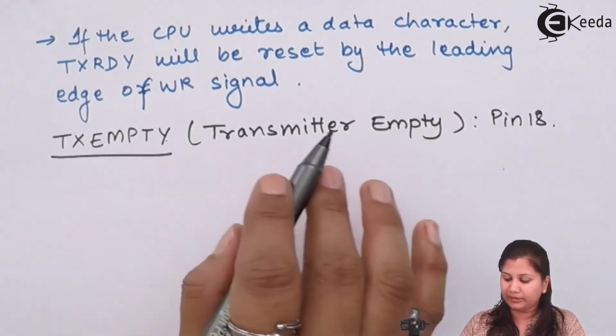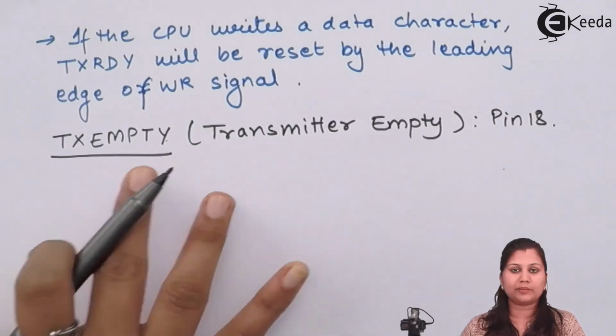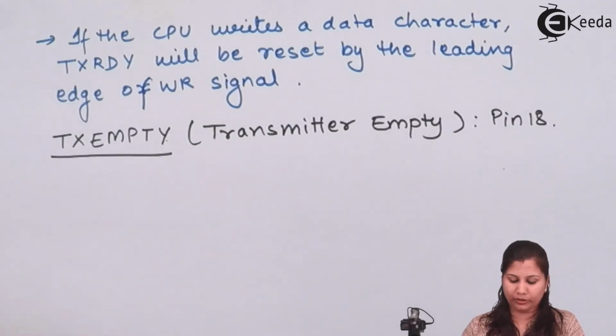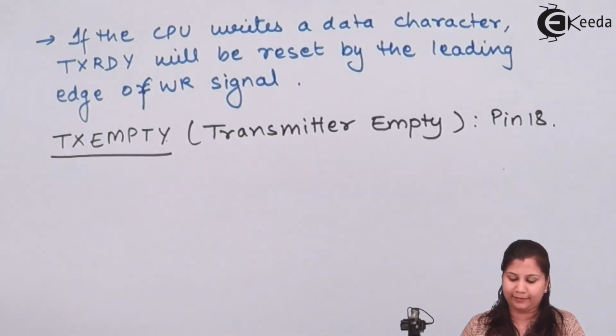So this transmitter empty signal indicates that the 8251 USART has transmitted all the data characters. Now no data character is available with it, and the transmitter is empty. So to indicate that the transmission of all the characters has taken place, this signal will be made high.